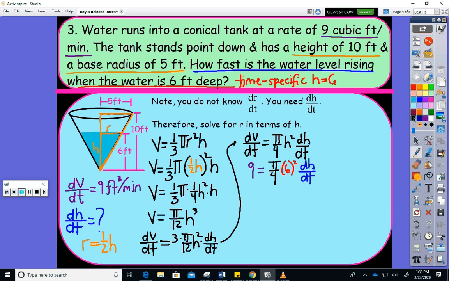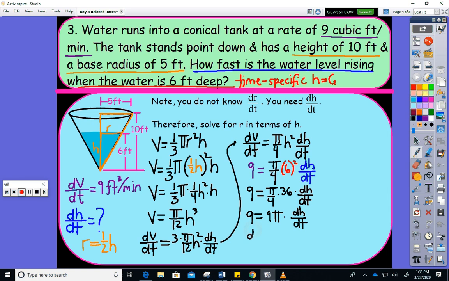Let me do a little cleanup work. So I've got 9 equals pi over 4 times 36 times dh/dt. Well, notice 36 pi over 4 reduces to 9 pi dh/dt.